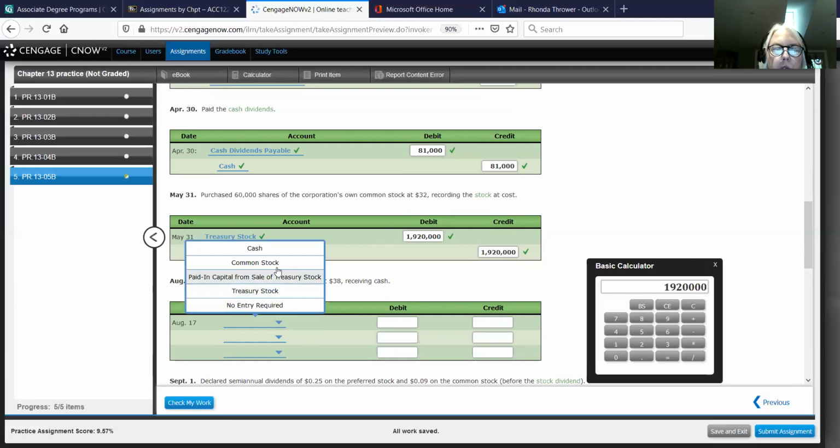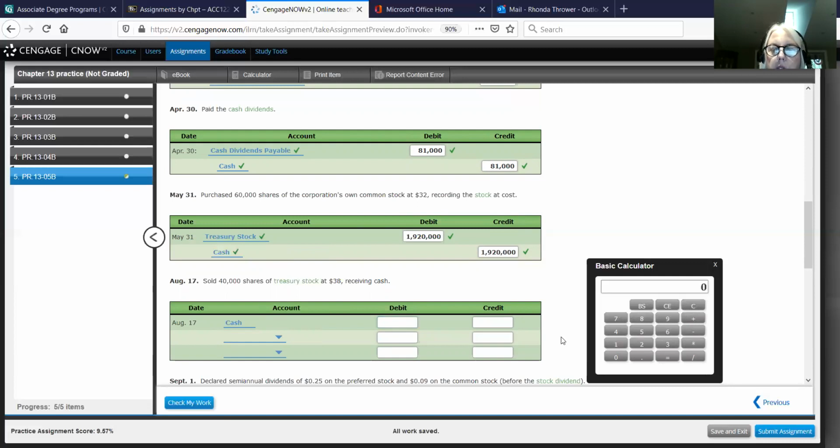Because we sold treasury stock, our cash is going to be debited. The cash will be debited for the amount of shares that we sold times what we sold it for per share, which is $38.